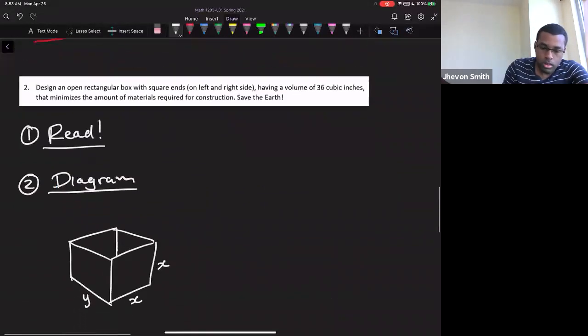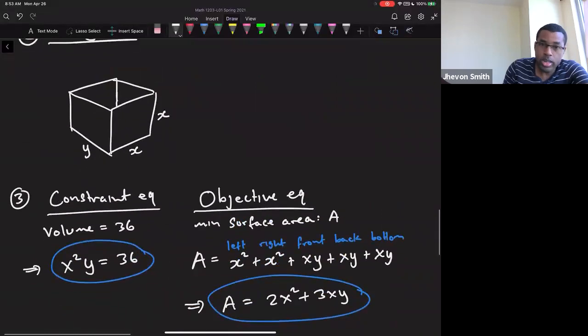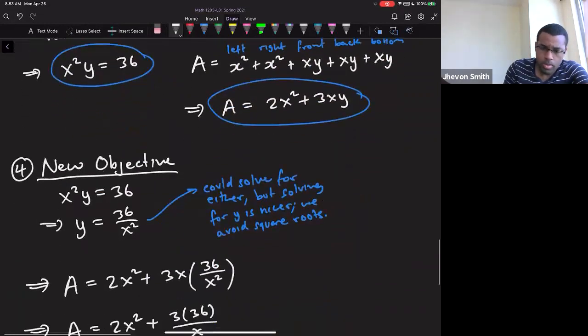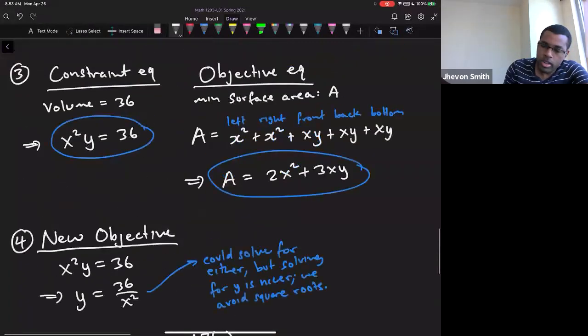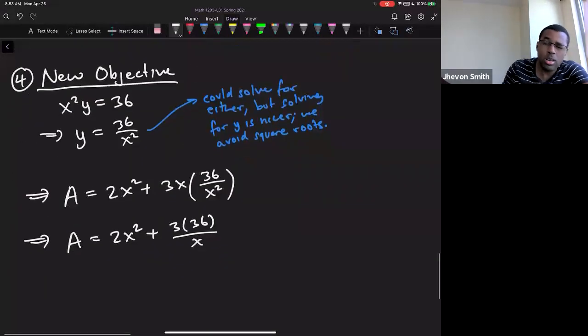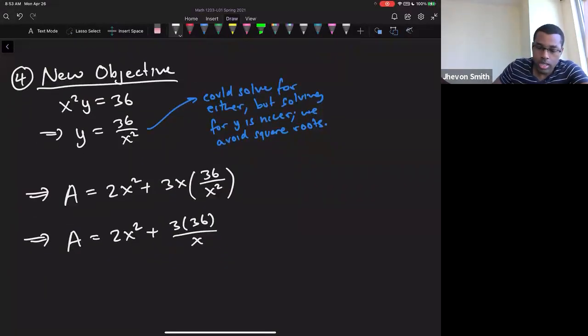Okay. So we read the problem, drew our diagram, had square n, so we labeled it like that. Constraint was volume. Objective was to minimize the amount of material used. We can do that by minimizing the area, the surface area. Surface area had two variables in it, x and y. Wanted one variable, so I solved for one in the constraint, plugged it into the objective.